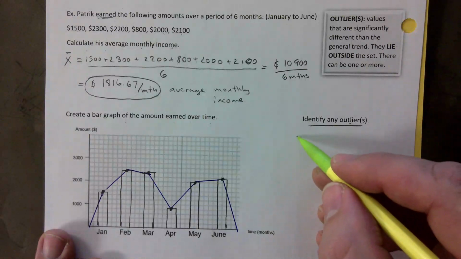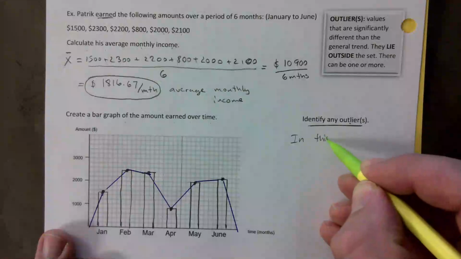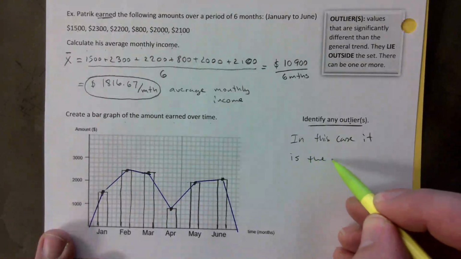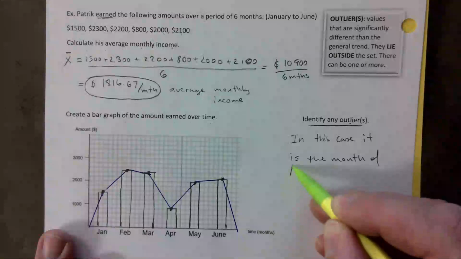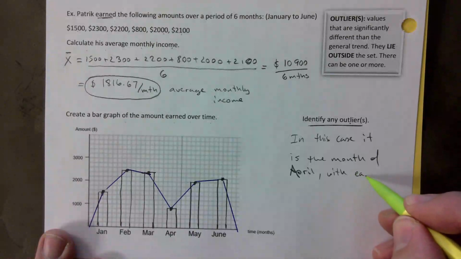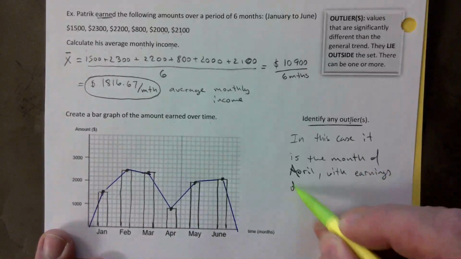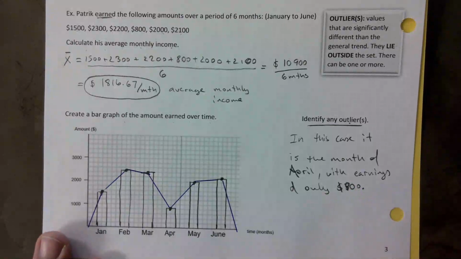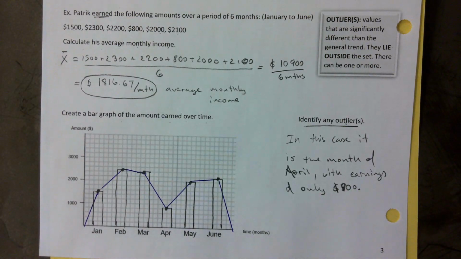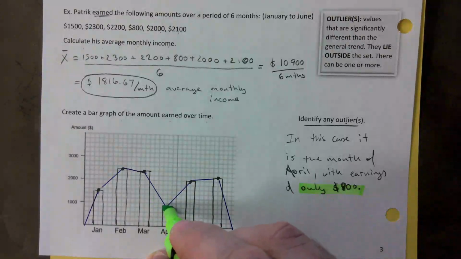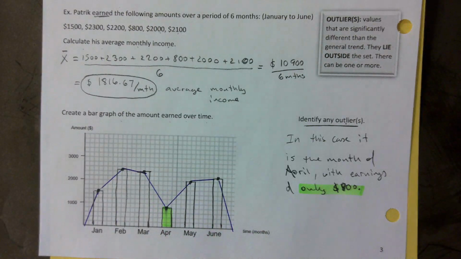So the outlier, in this case, is the month of April, with earnings of only $800. Eight hundred is significantly different than everything else. If you want to highlight that, only 800 bucks, we highlight April. We would consider that month to be our outlier when it comes to income.